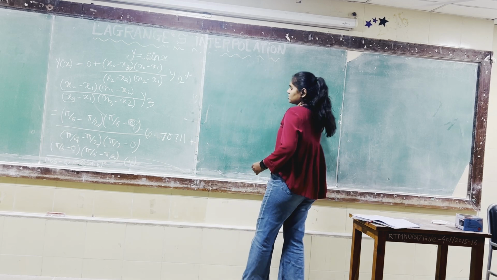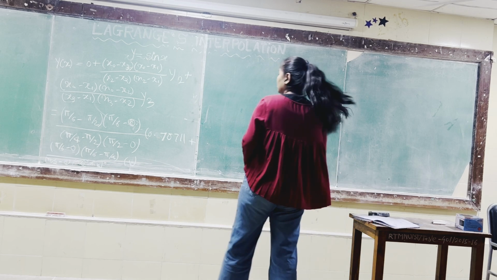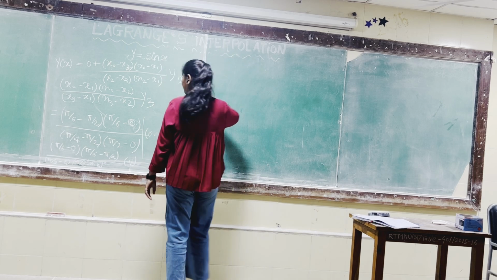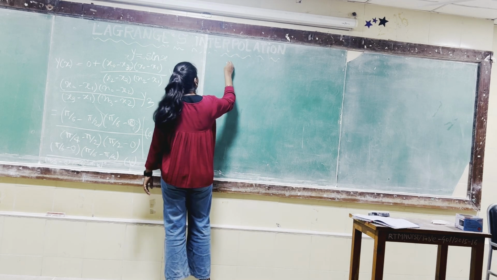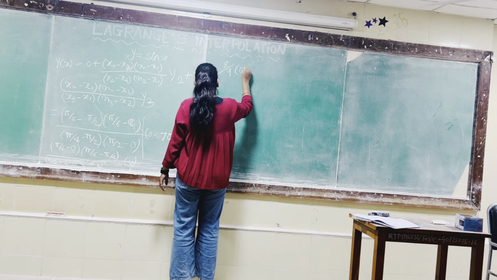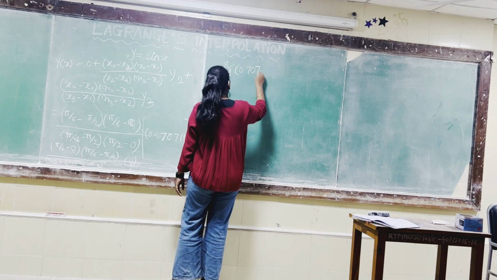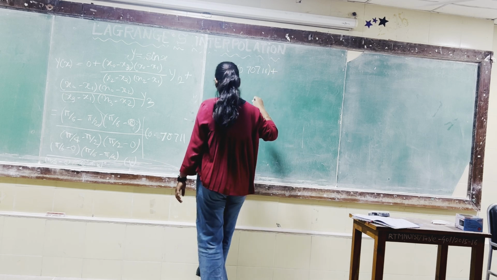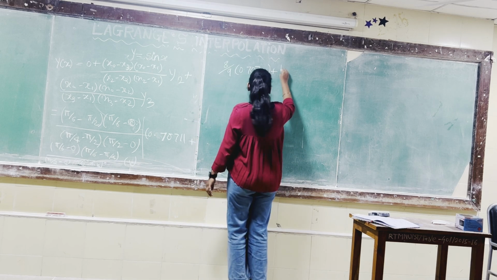After doing this multiplication, we will get 8 by 9 into 0.70711 plus 1 by 9.